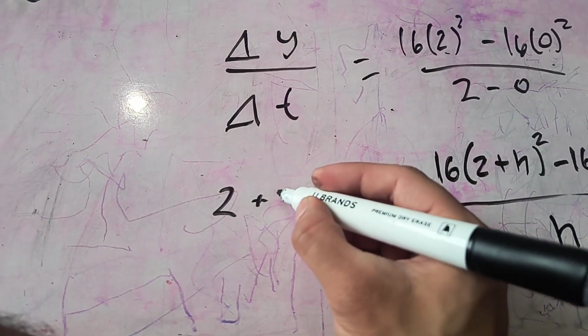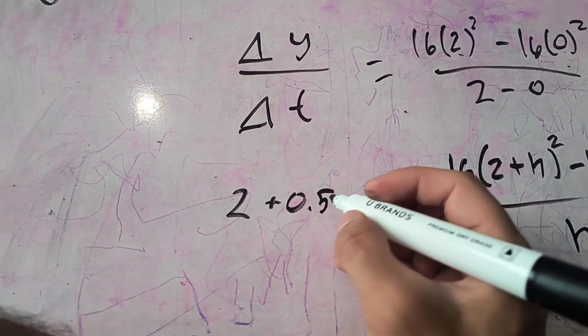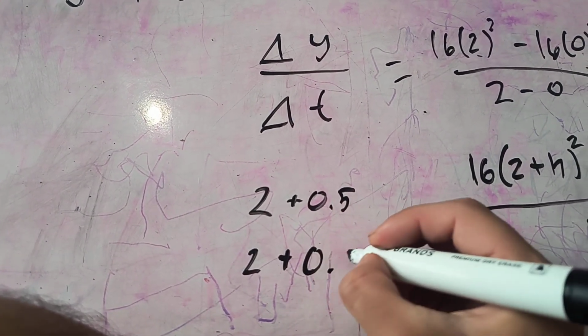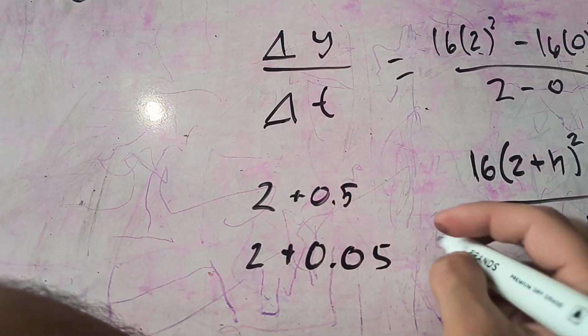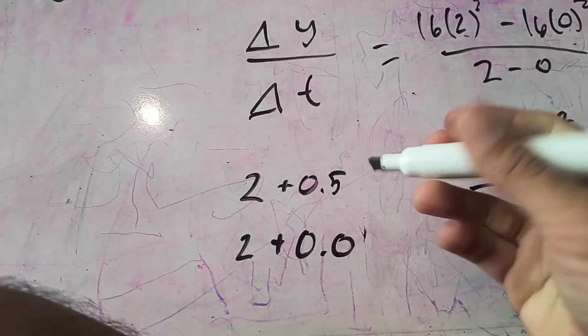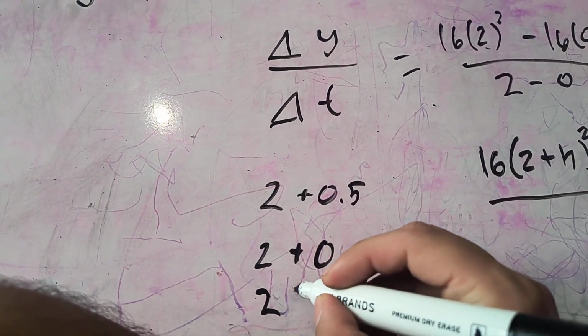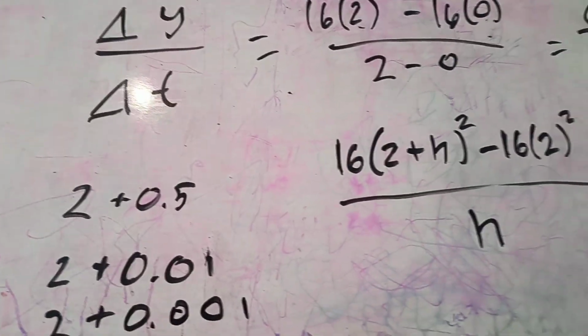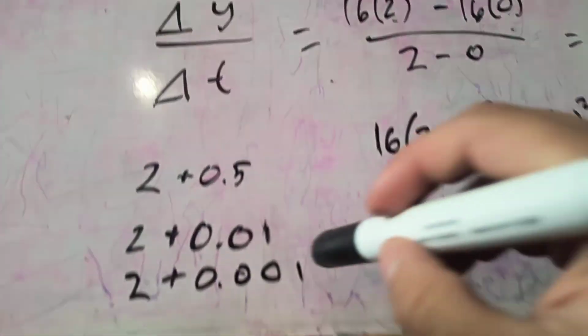Like we'd have to keep going, where h is 0.5, and then h is 0.1, or make h 0.001, where we try to make it smaller and smaller so that we're able to approach instantaneous speed.